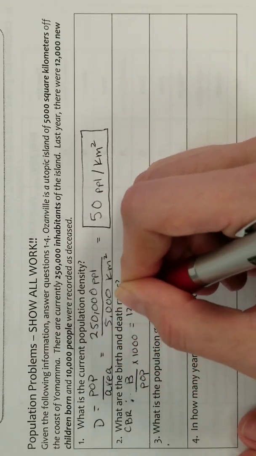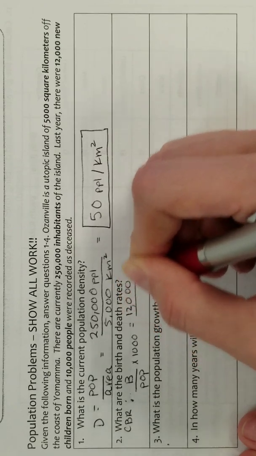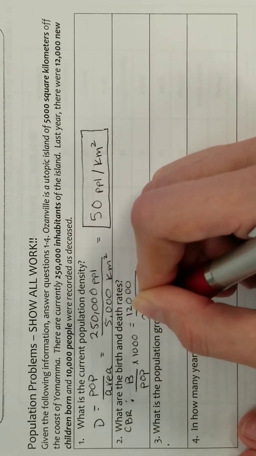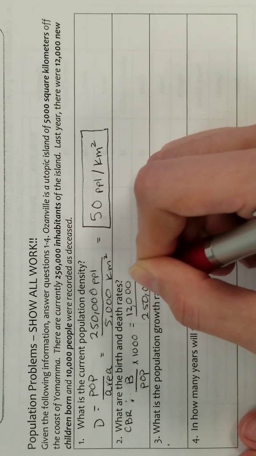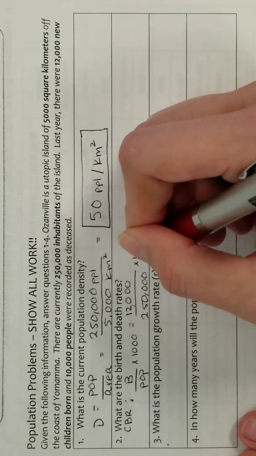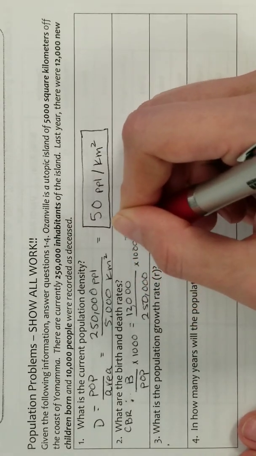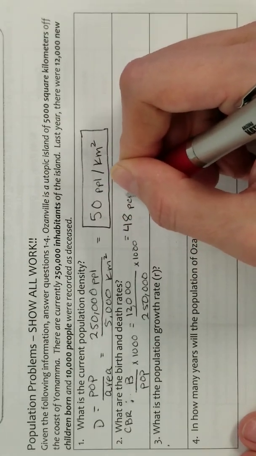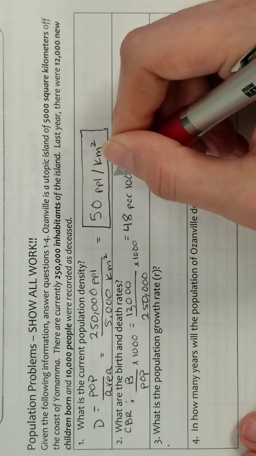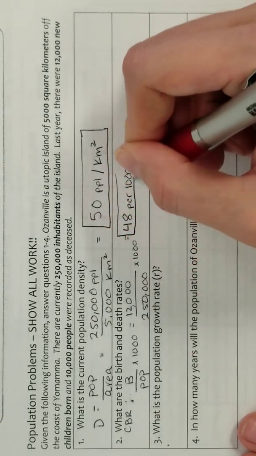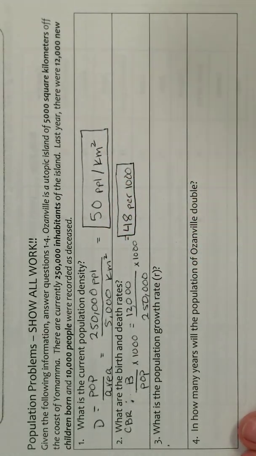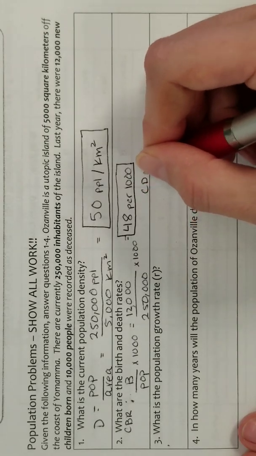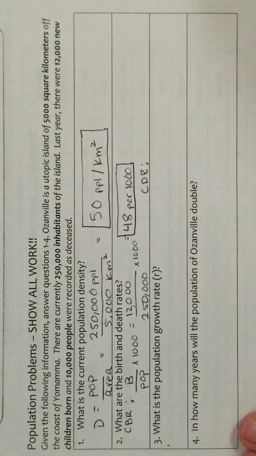So this would be 12,000 over the population of 250,000 multiplied by 1,000. Final answer, 48 per 1,000. 48 births per 1,000 is also correct. Okay. For crude death rate, we're using the same formula.